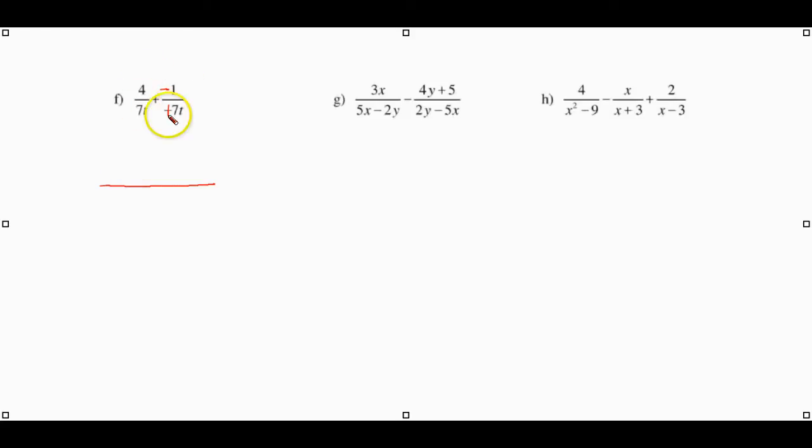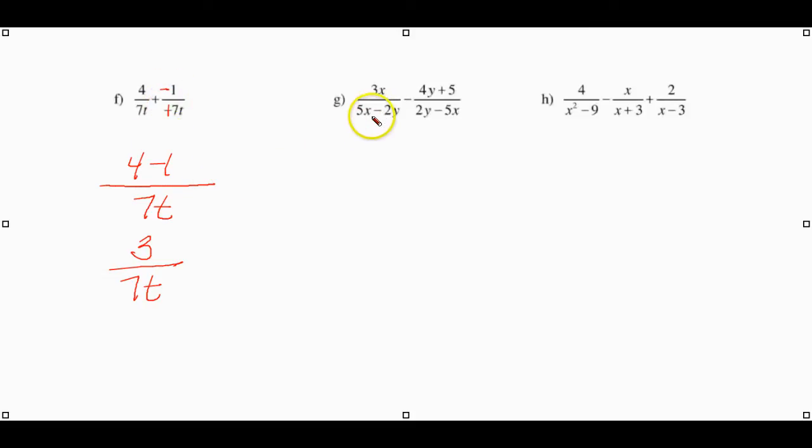What an easy trick in a sense to change our denominators, which is now 7t, and 4 minus 1 would give us 3 over 7t. All right, so that's a little trick that we could use every once in a while. Remember, we could factor out a -1 there and do that, but this is the easiest way to do it.